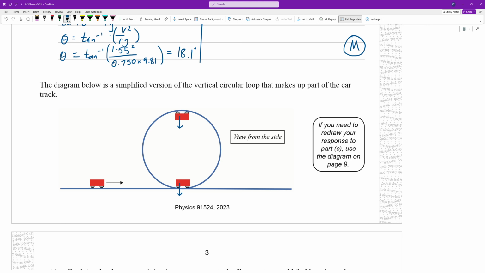Now, what is your reaction force? Before we can answer that, let's think about what the net force is. The net force is a centripetal force because you are in circular motion, and so your net force is always inwards.